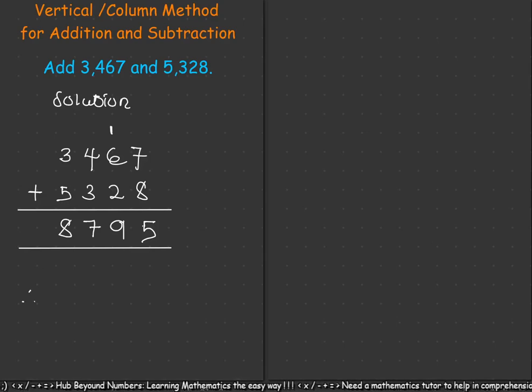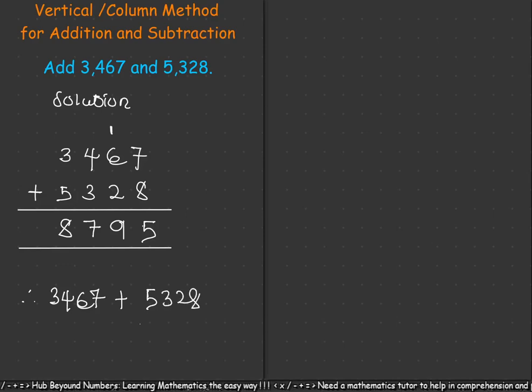So therefore, 3,467 plus 5,328 yields 8,795. You see how very simple the column or vertical method is as compared to the methods we have done so far. Let's pick another example.